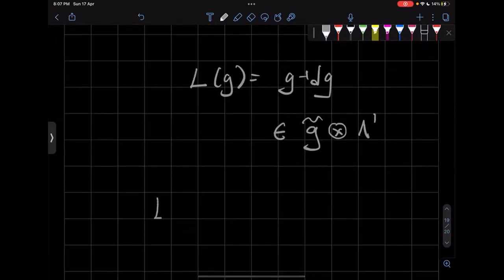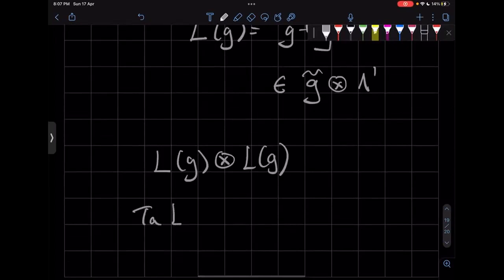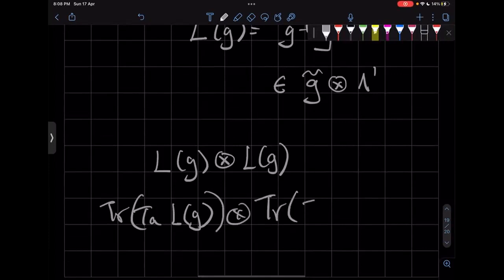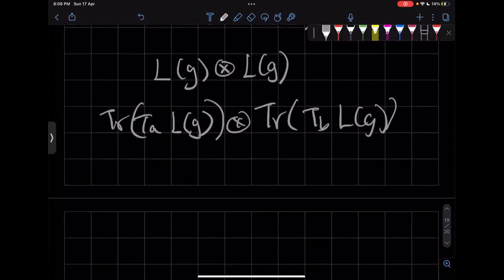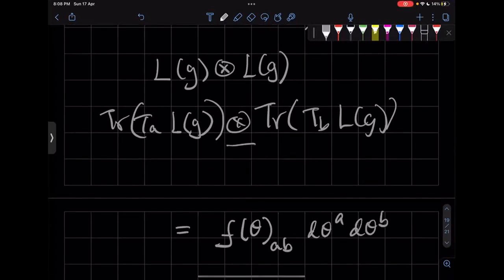Now, if I take two of these and I trace, say, T_A with this one and T_B with this one, then I'm basically tracing over these things. I'm getting a pure one form. Then you get essentially a function of the angles, A B delta theta A delta theta B, and we take this to be the symmetric product.